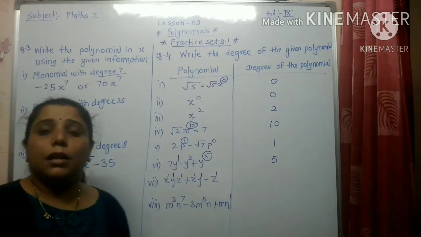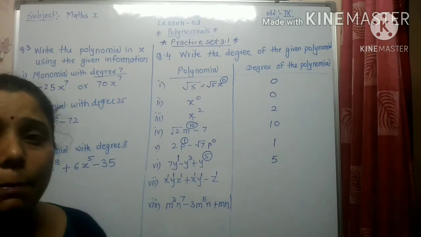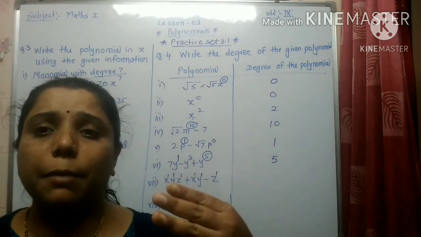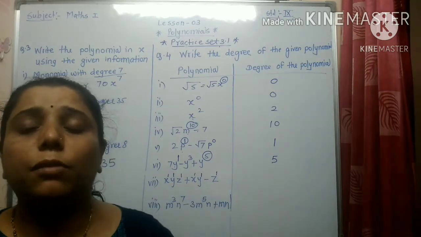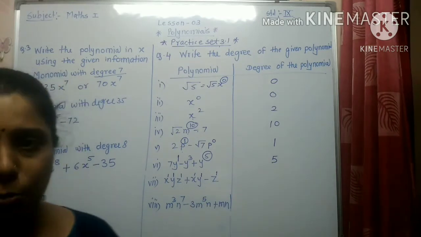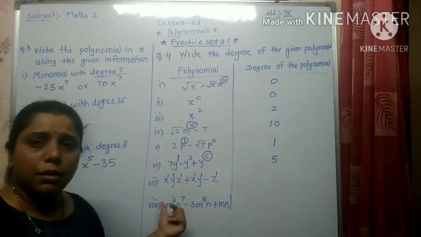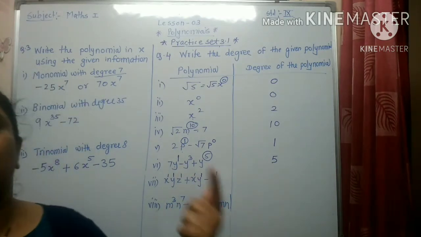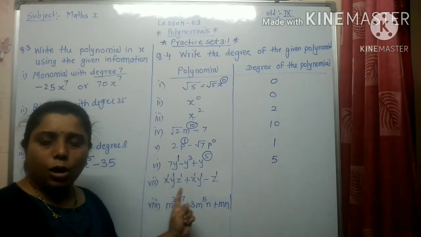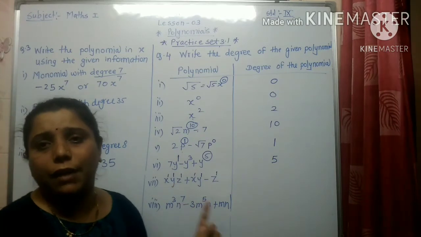Now what is the degree of a polynomial with more than one variable? What is the concept? The highest sum of the variables is the degree of the polynomial. That respective sum is the degree of the given polynomial. Now you just have to add all the powers of those variables.